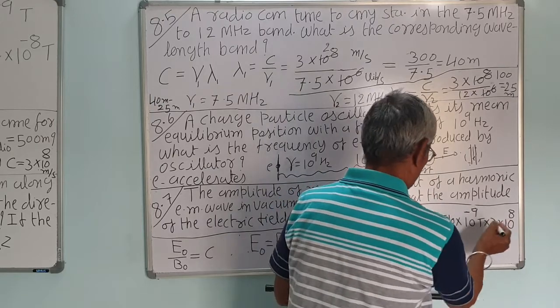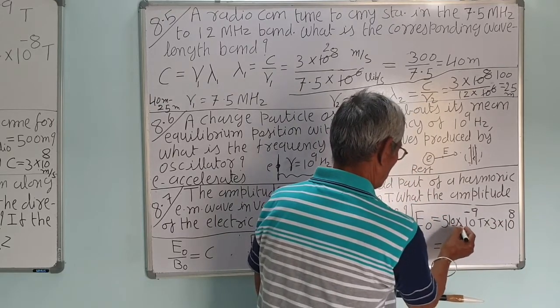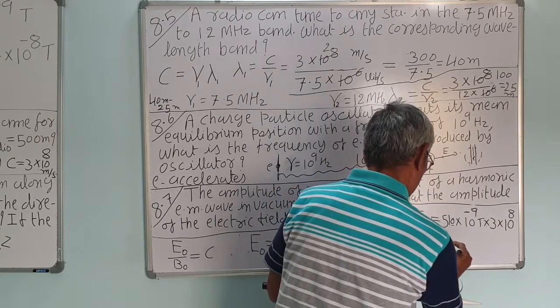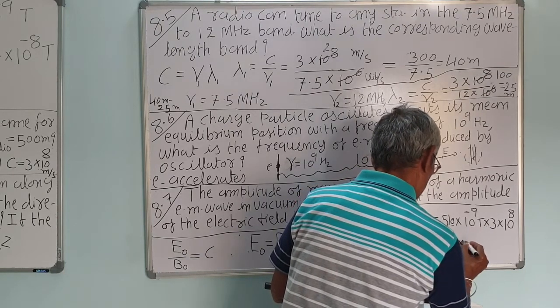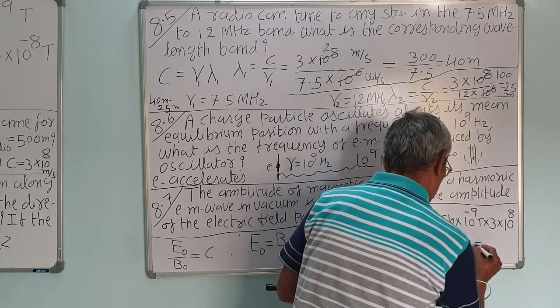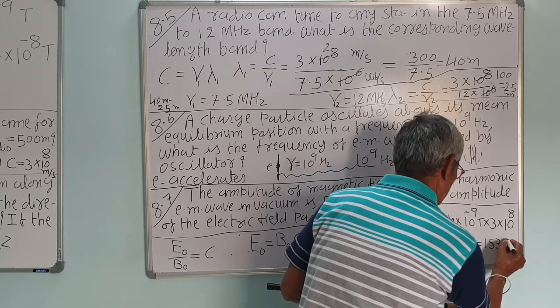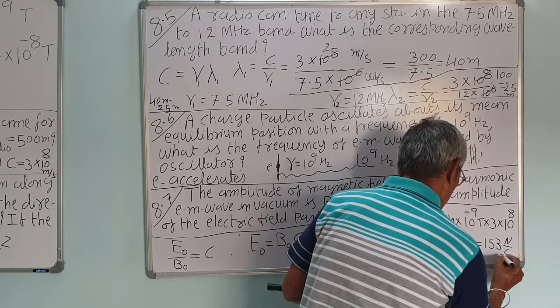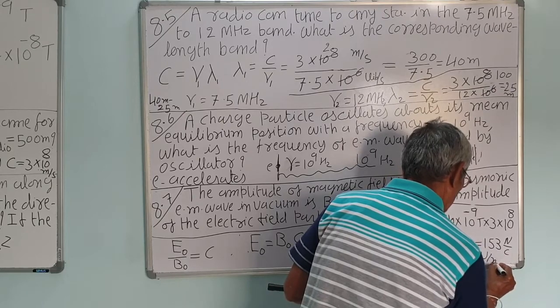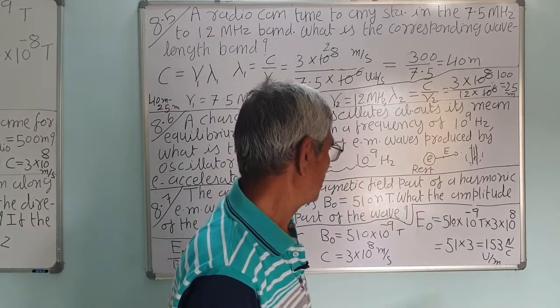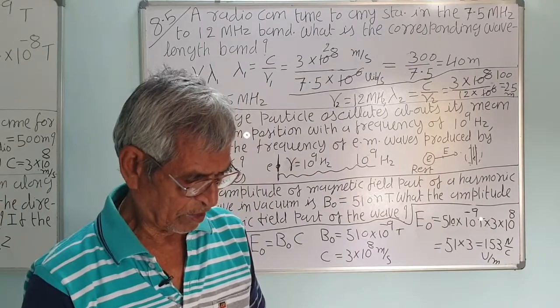So this power will be minus 1, so this 0 will go, that is equal to 51 into 3, and that comes to about 153 Newton per Coulomb or volt per meter. You can write it either way. This is the answer. So, very easy numerical.